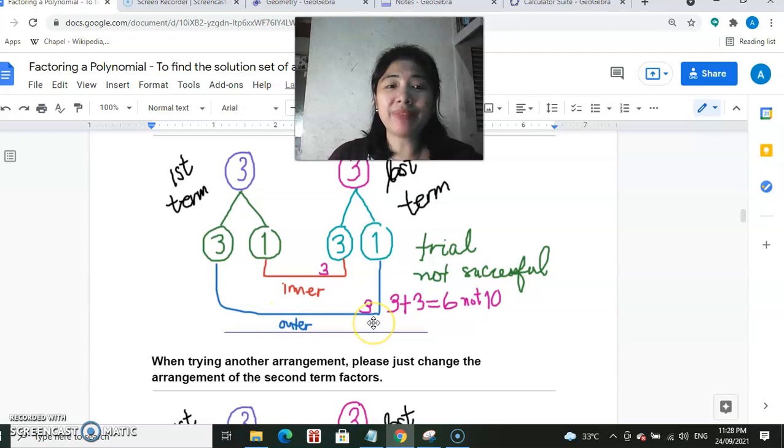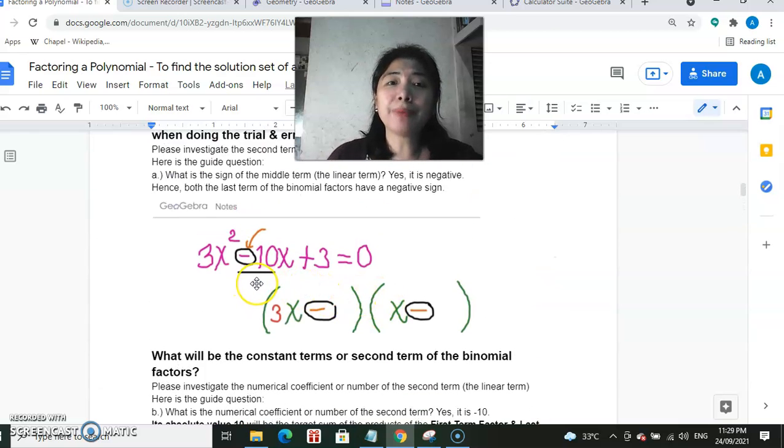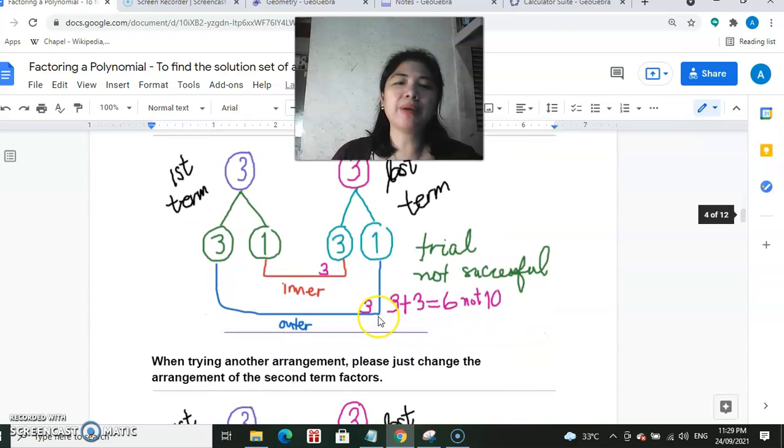Let's multiply the inner terms: 1 times 3 is 3. Then the outer terms: 3 times 1 is 3. Let's add up the products: 3 plus 3 is 6 and not 10. So it's not successful. Again, our target sum is 10, because the absolute value of the number in the middle term, negative 10, is 10. That is our target sum.